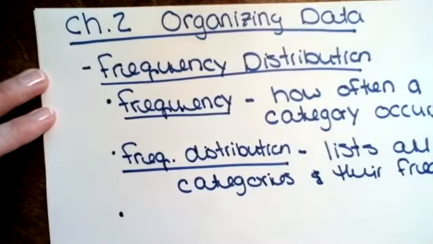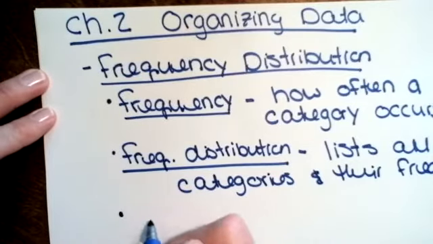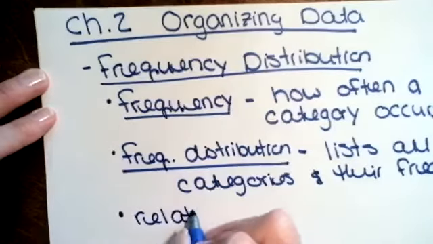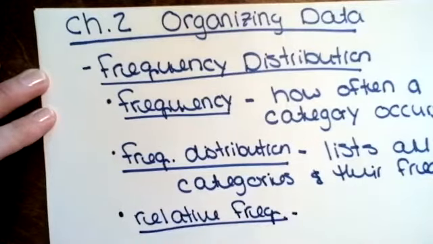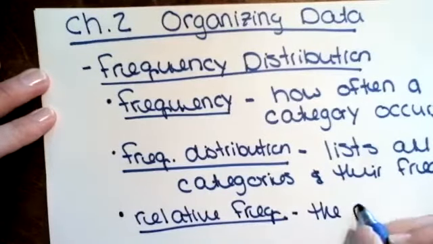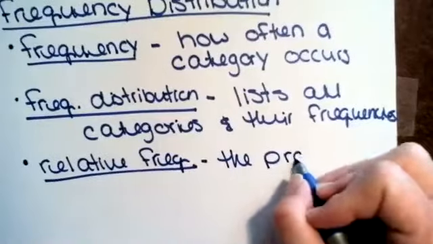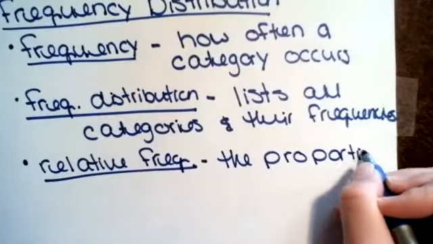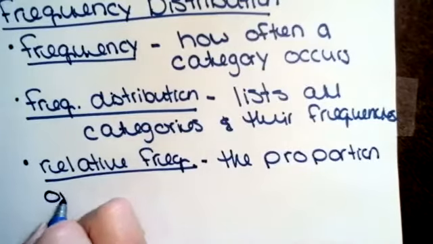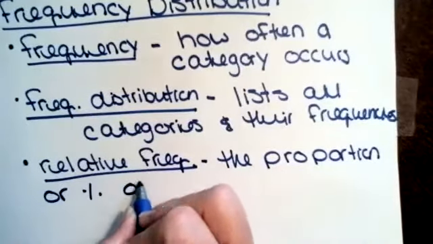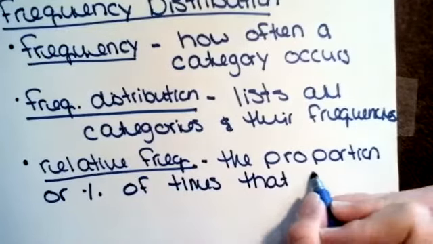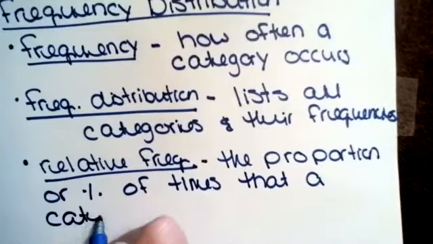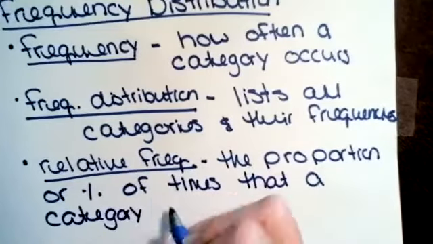And then we have what we call a relative frequency distribution, or just relative frequency. And this is the proportion or the percentage of times that a category occurs.